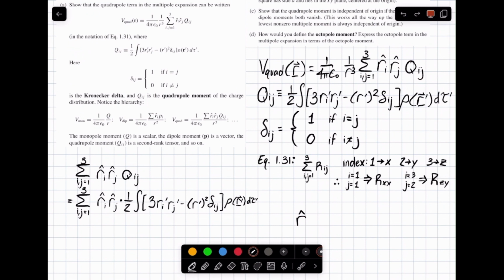Instead, in pairing with equation 1.31, this writes out r hat x, and so on. If you could split the r hat vector into x, y, and z components, these values are what we're referring to, not the vector quantity.